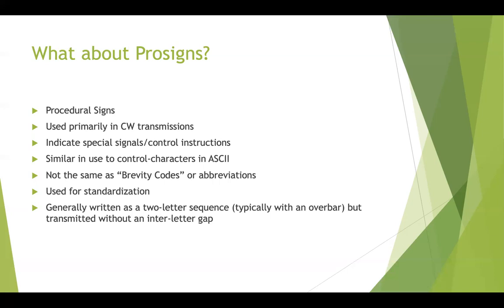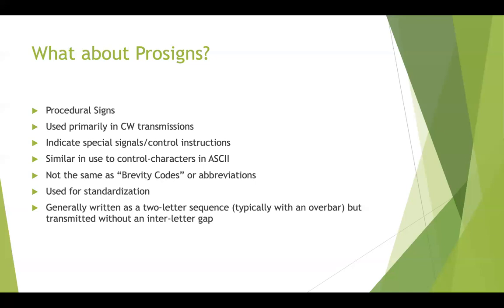And Control Q is the XOFF character, which says, hey, stop transmitting to me. And those control keys are used in making communications work on some kind of serial communications medium. So these prosigns are similar in use to those.